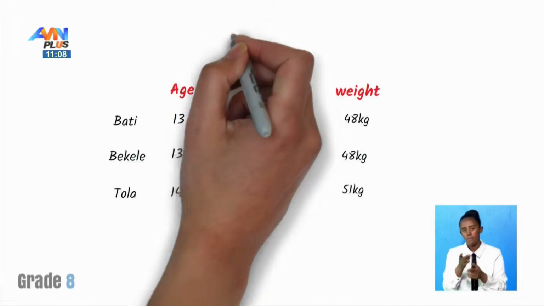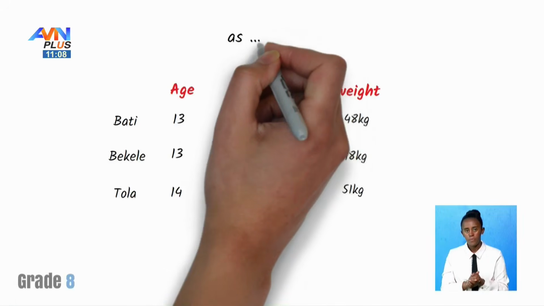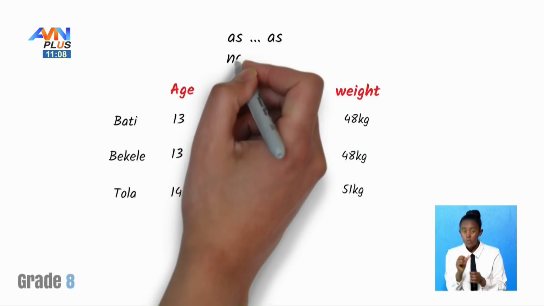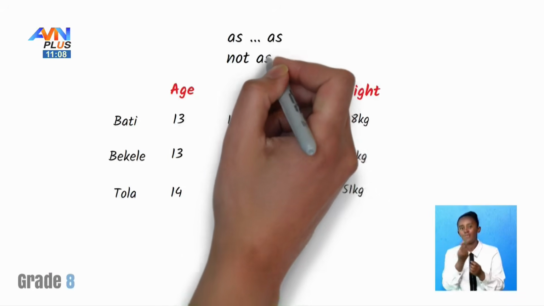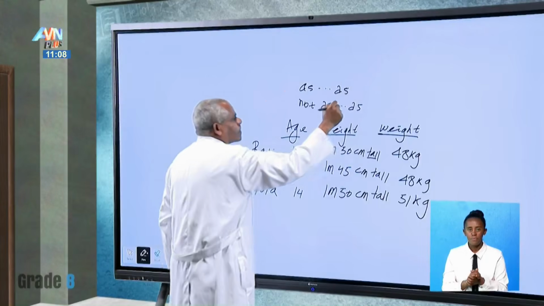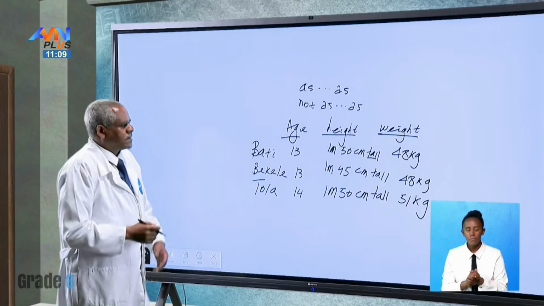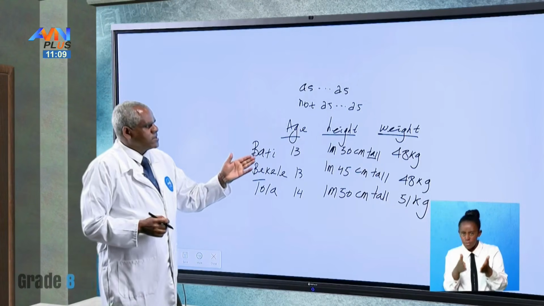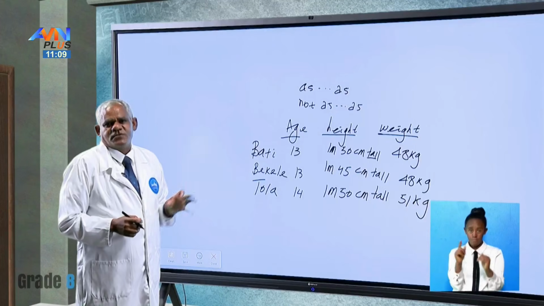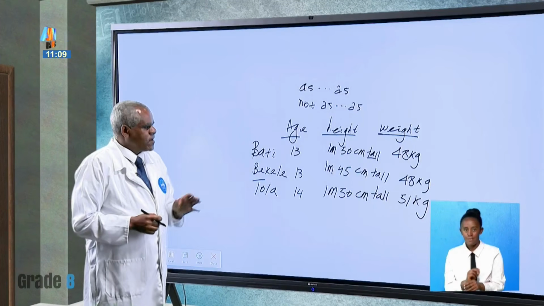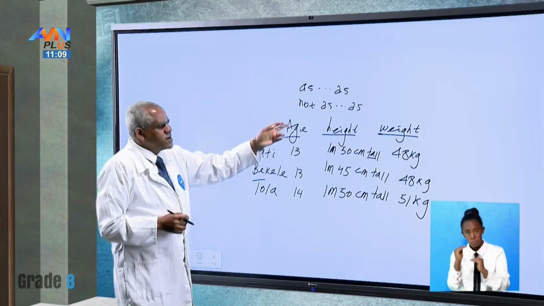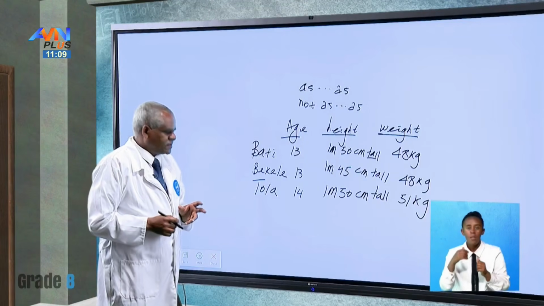Now we are going to use this "as... as" structure and "not as... as" structure. If people, or if students, are equal in their age, use the "as... as" structure. When they are not equal in their age, use the "not as... as" structure.